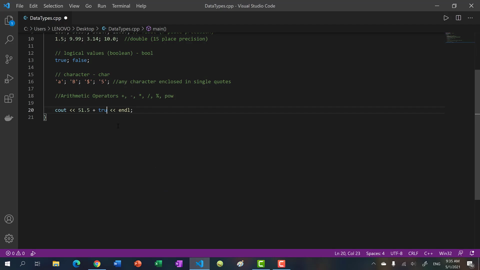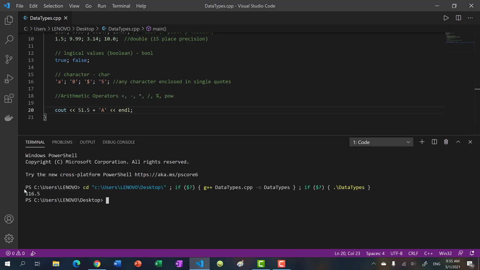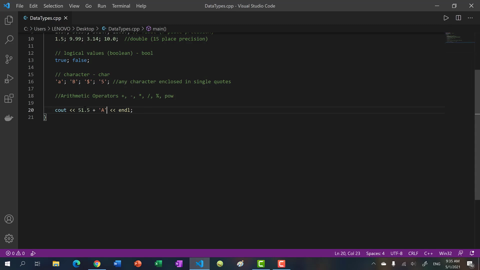So what happens if I did 51.5 plus a character? Let's run it, and we get 116.5, and that's because 'A' gets converted to its ASCII numeral. We mentioned in the implicit conversion video, 'A' is 65, and 65 is 'A', so when you convert from character to int, you get 65, from int to character, you get 'A', okay?